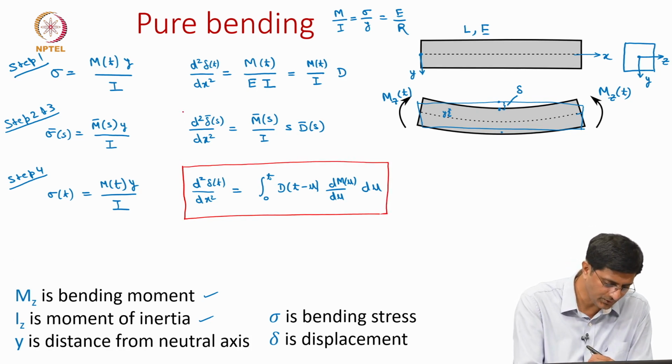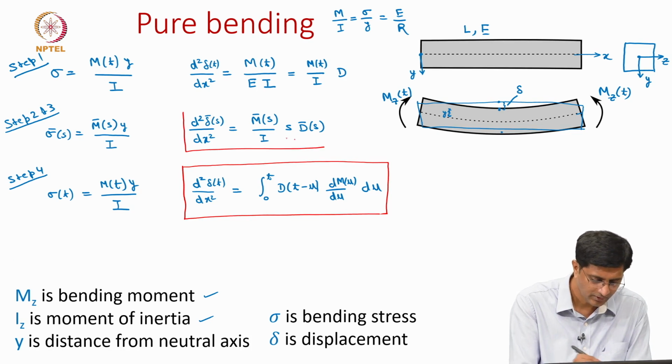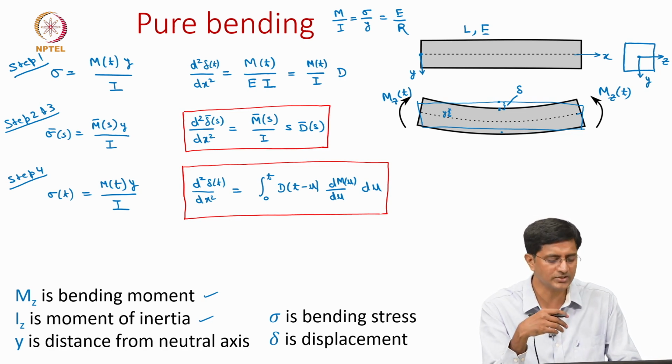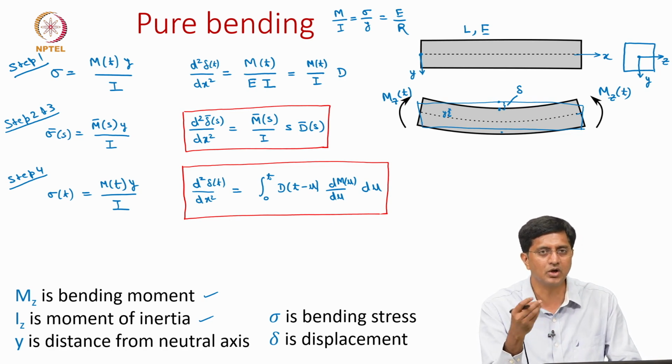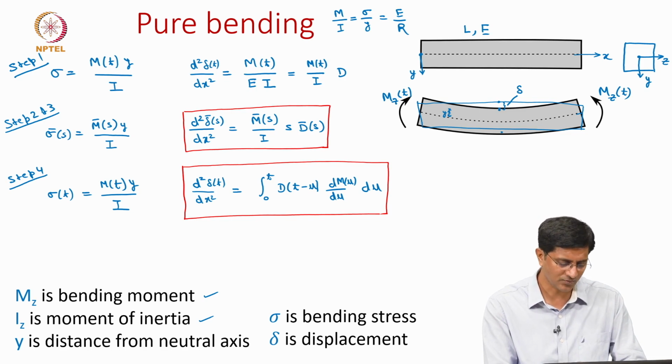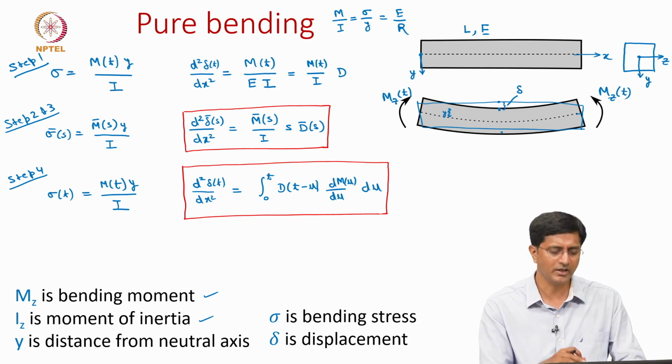But one can also use this formula to find the deflection in the Laplace domain, because depending on the problem we are solving, sometimes it is easier to solve in the Laplace domain, which means substitute the compliance D and the load moment M in the Laplace domain and solve it, or one can directly use the last formula, which is the time domain formula, and directly substitute into the integral.